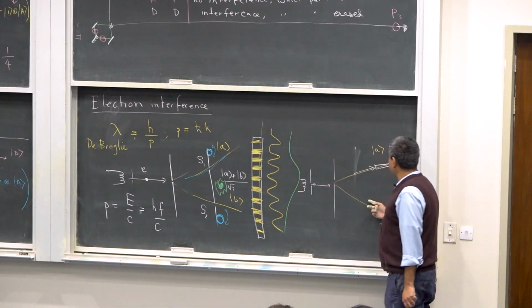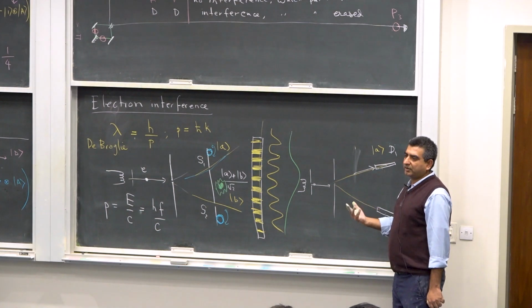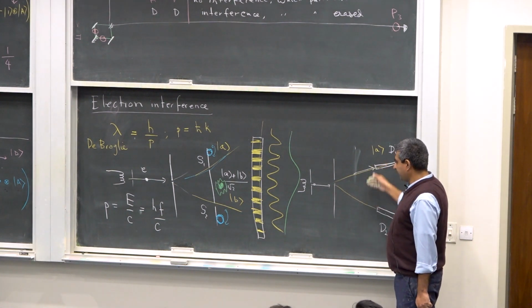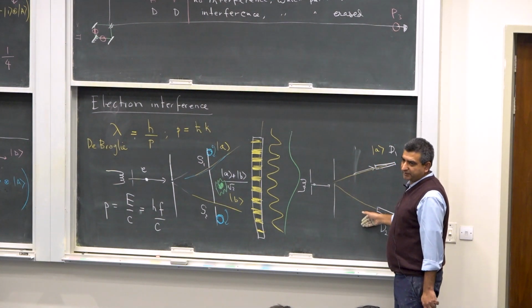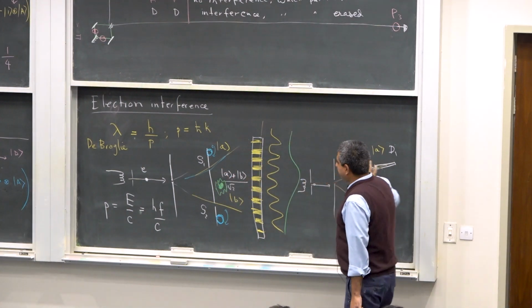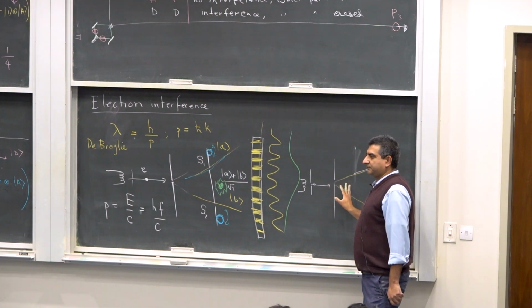Here, I have information about the path, but I do not see bright and dark regions, right? So there's an equal propensity for the electron to fall on either of these detectors. So we described the photon experiments. These electron experiments work in an entirely analogous fashion.